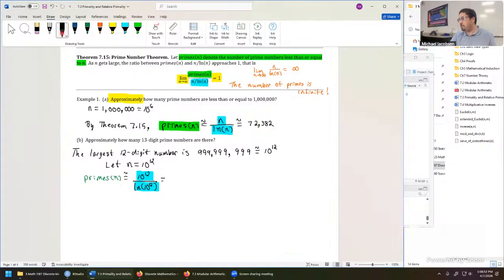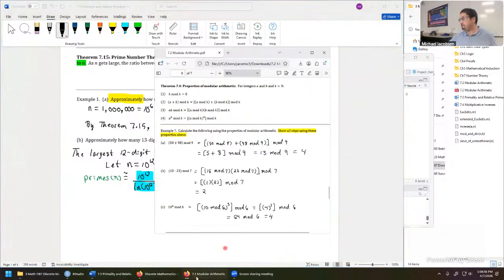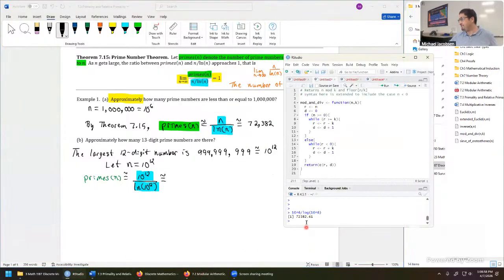So we'll throw that into the calculator, get another approximation here. Wrong tab, let me try again. So this is 10 power 12 divided by log 10 power 12. And so this is approximating the number of 12-digit prime numbers altogether. Comes out as a pretty large figure. There's quite a bit of them, so let's put this down on paper.